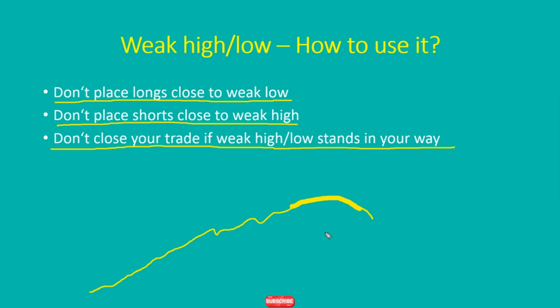So don't close your position, because the weak high will most likely get tested and the trend will continue at least a few pips above the high of the weak high. All right? So if you are trading in a trend, if you are in a long position, don't close your position when there is a weak high, because the price will most likely test it.